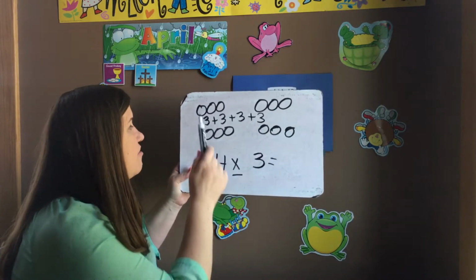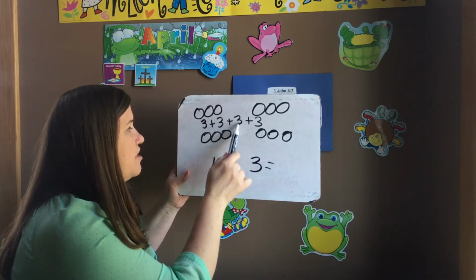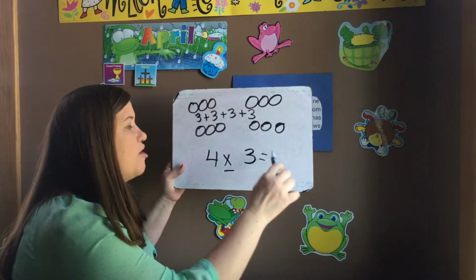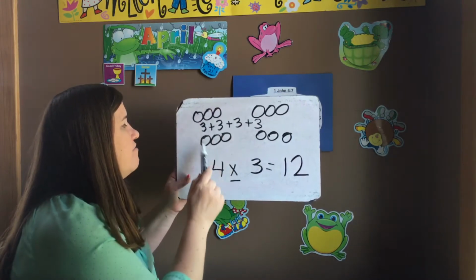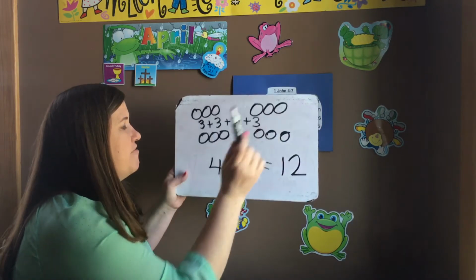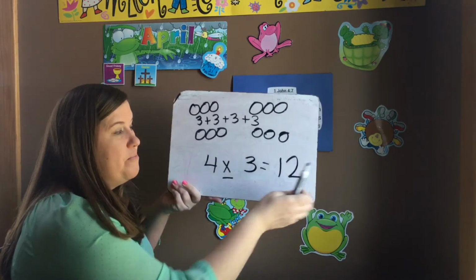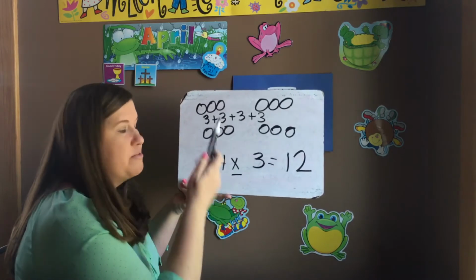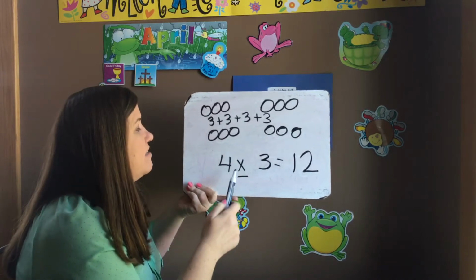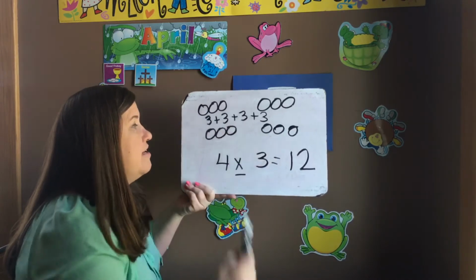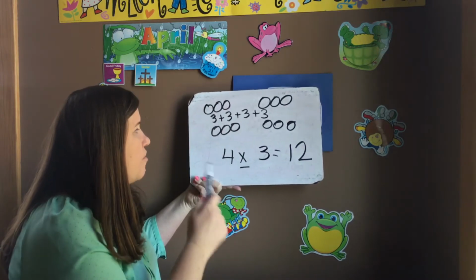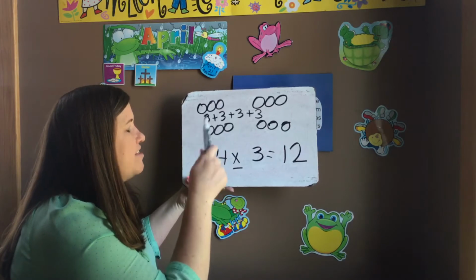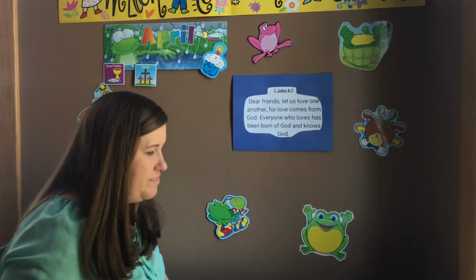What would that equal? 3 plus 3 is 6, plus 3 more, 9, plus 3 more, 12. Or we can count 1, 2, 3, 4, 5, 6, 7, 8, 9, 10, 11, 12. It's going to get a little bit easier as we get these in our minds because you can do 3 sets of 4, or 4 sets of 3, okay?